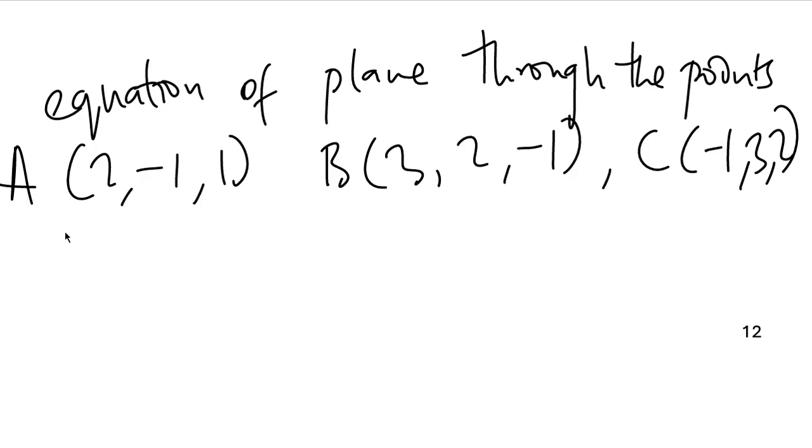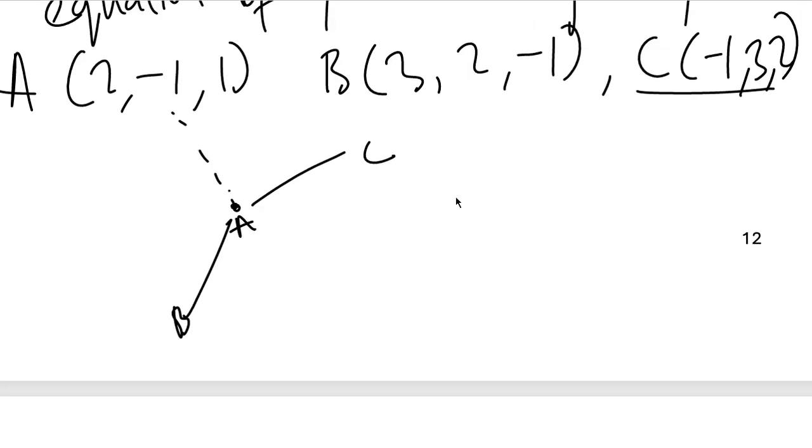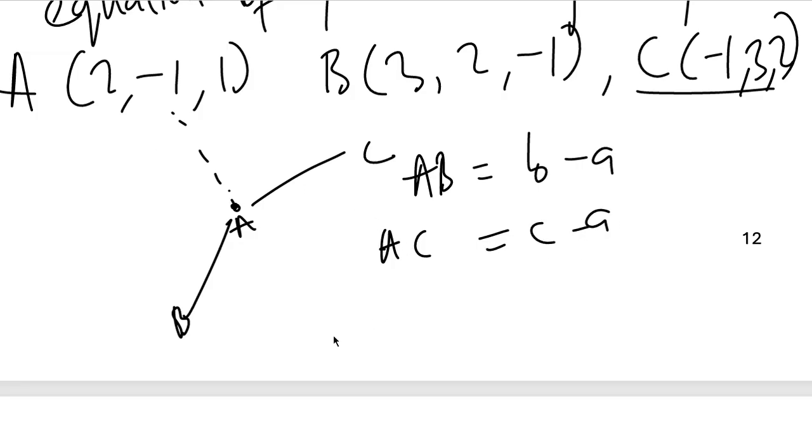Let's choose A, acting as the central point from which the normal vector will originate. Here is A, and what we're going to take is AB and AC. We now get the cross product of AB and AC. Remember what I said about position vectors. To get AB is simply B minus A, and AC is C minus A. So for AB, what are we going to have?